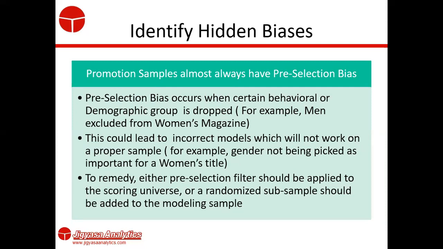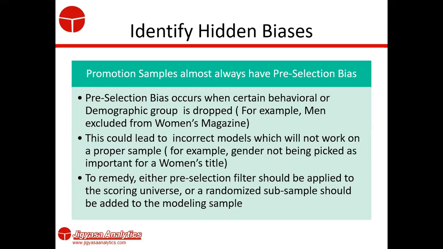But if you apply the pre-selection filters to your universe, you will take care of this. So for example, in the women's title, which is an easy, intuitive example, often it's more complex than that, if you also filter your universe to take all men out, your model will again start working.